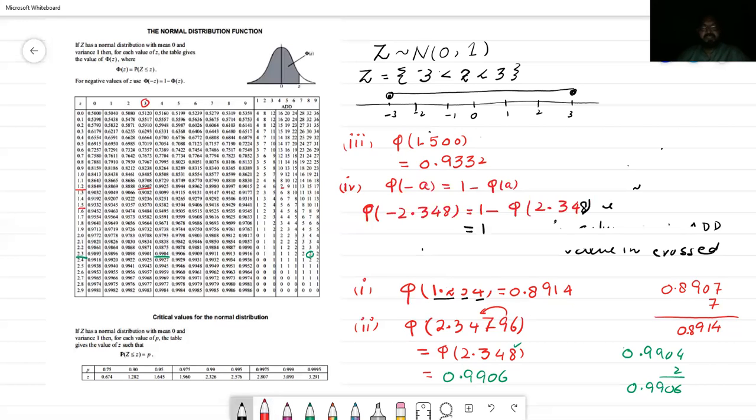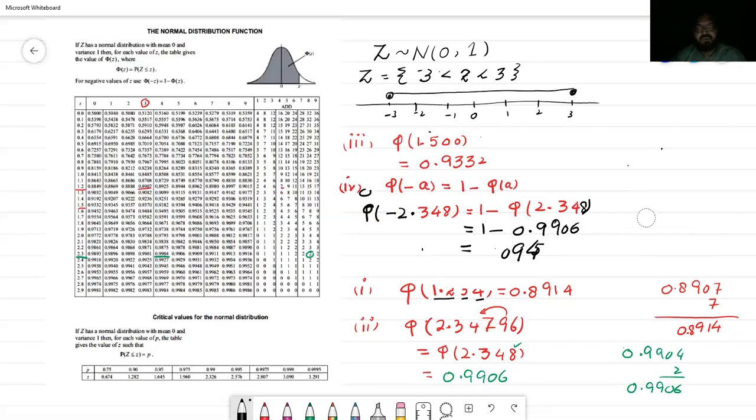Okay, 1 minus. Now what will you do? Over here, you have to simplify. Already we have the answer of phi of 2.348, which is 0.9906. So 1 minus 0.9906 gives 0.0094.